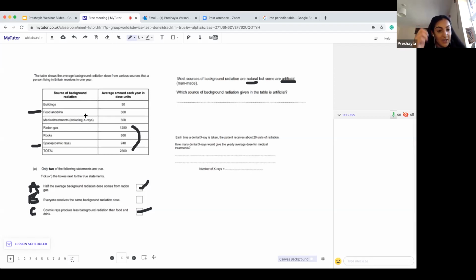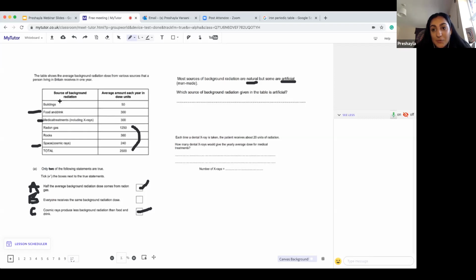Okay, so the artificial one is actually medical treatment or X-rays. Everything else is naturally occurring. Food and drink is just natural elements, natural potassium, calcium, iodine, whatever it happens to be, which are naturally radioactive sources.